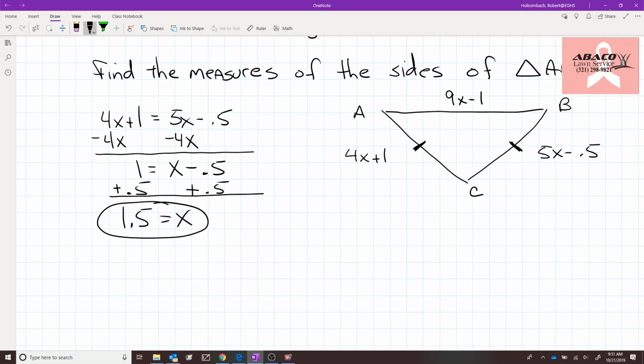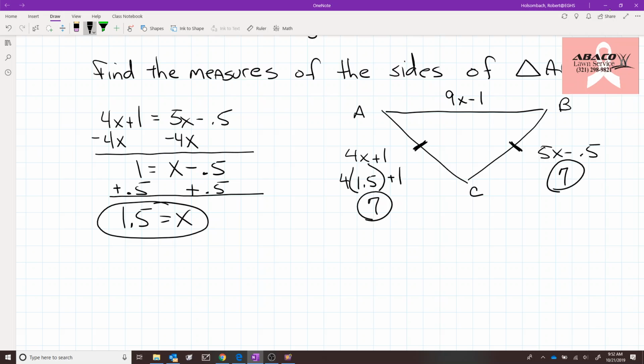And then you just take your 1.5 back and substitute it. So side AC would be 4 times 1.5 plus 1. And that is 6 plus 1, which is 7. Alright, if these two sides are congruent, then side CB is also 7.